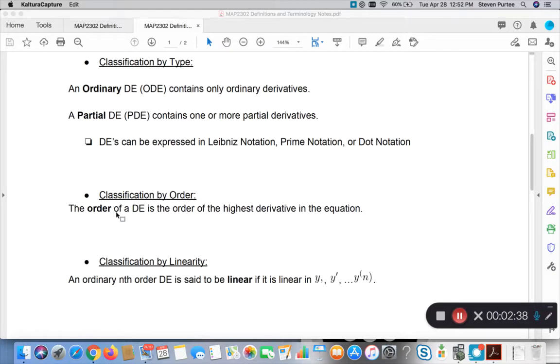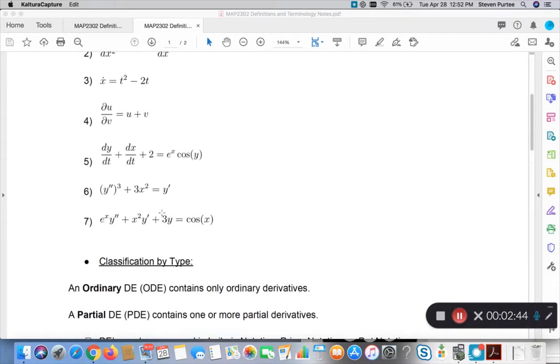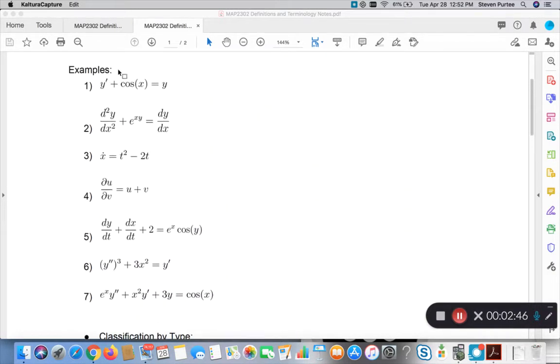The order of a DE is the highest order of derivative that we have any place in here. So this first one is a first order differential equation because our highest derivative is the first derivative of y here. Number 2 is a second order DE because our highest derivative is the second derivative of y with respect to x.